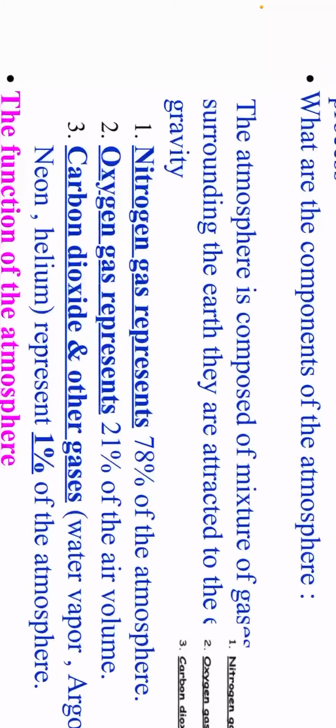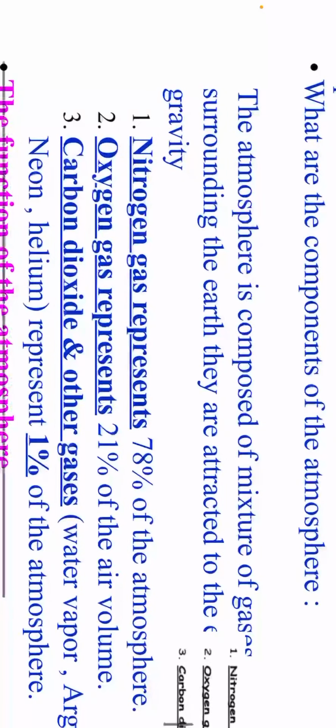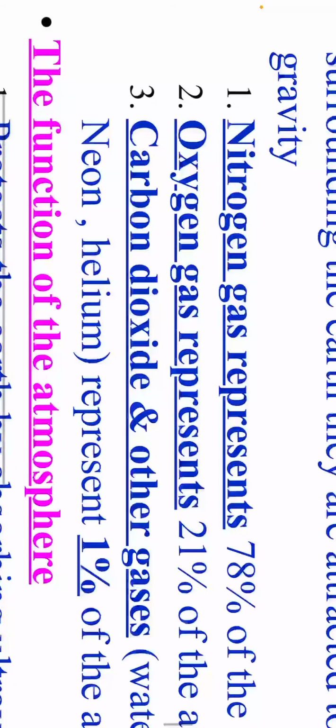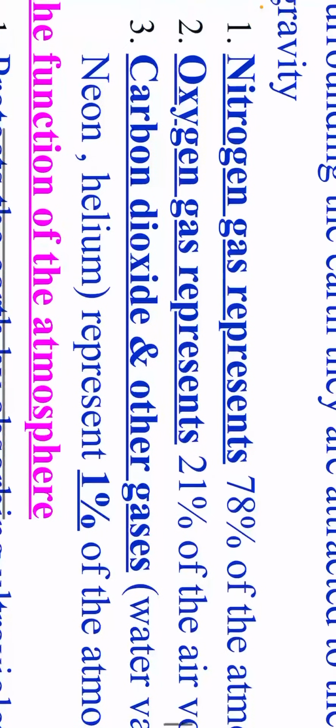What are the main components of the atmosphere? The atmosphere is composed of a mixture of gases surrounding the Earth, attracted to the Earth by the effect of gravity. What are these gases? Nitrogen gas, which represents 78% of the atmosphere.